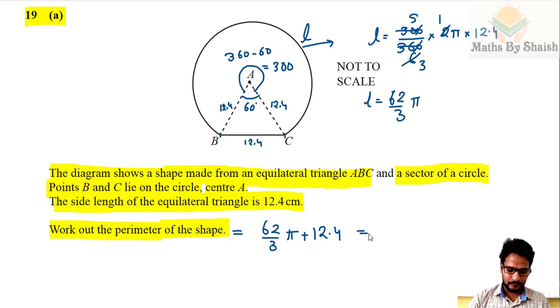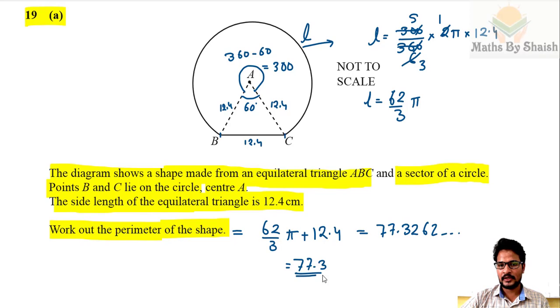Now we will simplify this, plus 12.4, this value is coming 77.326, and so on. So we can write our answer to three significant figures, that is 77.3 centimeter, because this is centimeter.